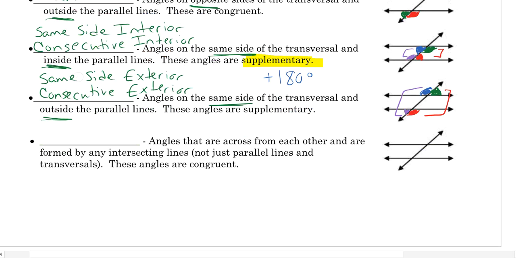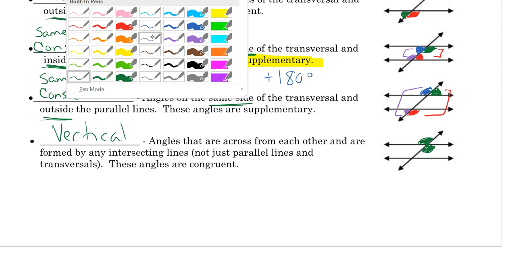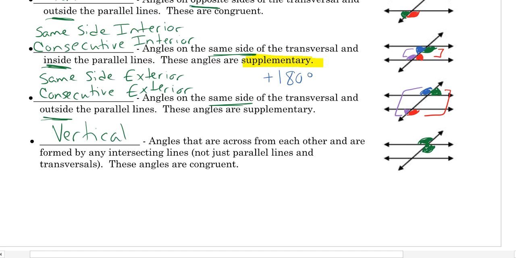So if we have angles that are across from each other, those angles share a common vertex, and so we would call those vertical angles. And vertical angles are congruent by rotation, because we could rotate about that fixed point, which we've talked about as our center of rotation.